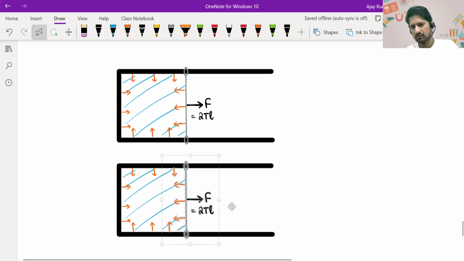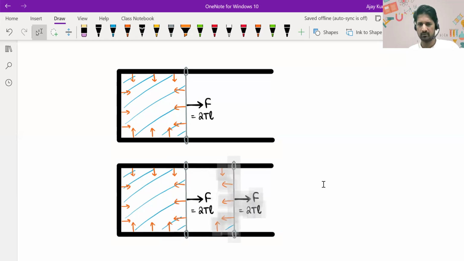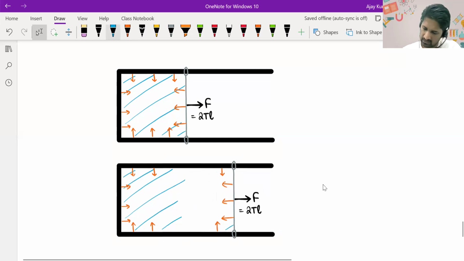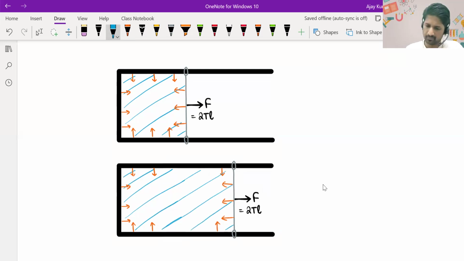Let's say we applied a force just slightly greater than 2TL, almost equal to 2TL. Okay. So we are slowly expanding that liquid surface. This is what you will see happening. There will be forces acting here now. So we applied a force almost equal to 2TL and did this.